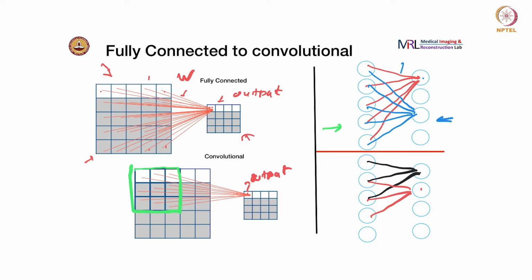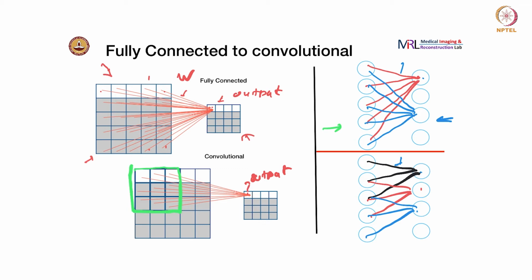Just for the sake of understanding, for this output, you are only connected to these three. Once again, I'm assigning a unique set of weights to each one of these outputs, and we will see that that's not necessarily the case, and that's where this concept called parameter sharing comes in.